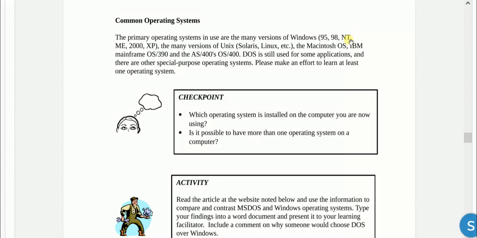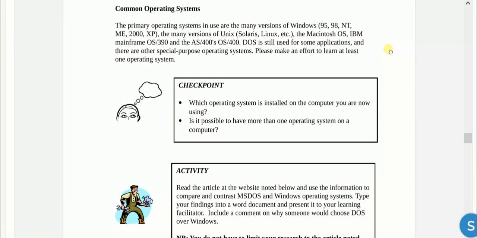Some of what you are seeing here are all examples of operating systems. However, these are a bit outdated. When we talk about Windows 2000, Windows XP, those versions actually stopped being used a few years back. They got extinct. If you realize, Windows 7 is not here, and Windows 7 stopped being used quite a while now.